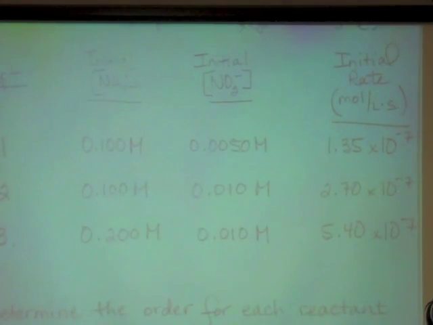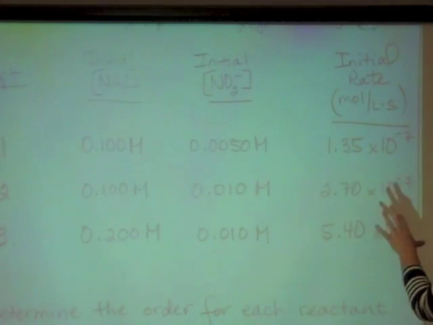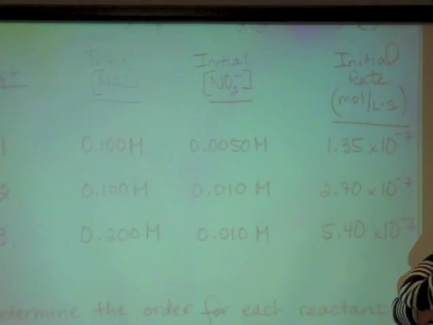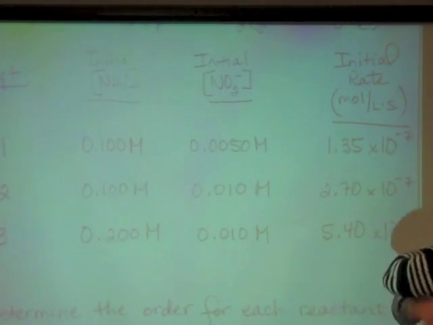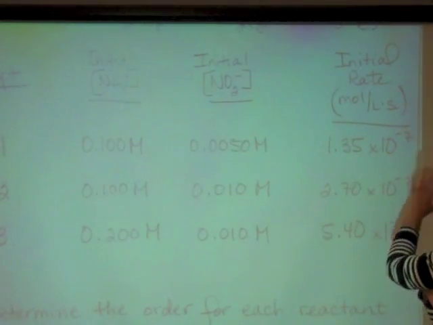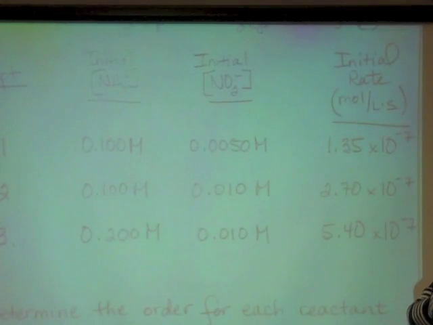In this case, all we need to do is look at this data and we'll be able to figure out the order for each reactant. But I'm still going to show you a different way of doing it, so that if you get a context where it's not easy to see from the data, you're going to be able to do it.